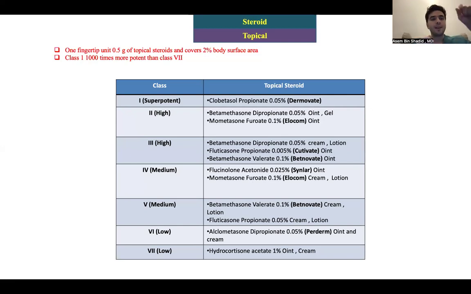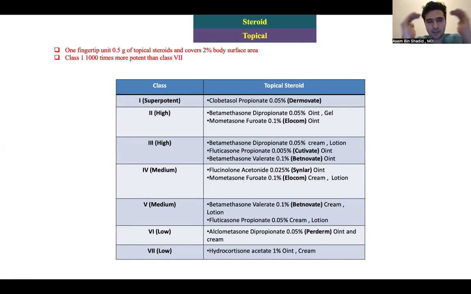Good? Clipping, nail clipping. Okay? So remember, palms and soles, you will give the strongest cortisone we have, which is clobetasol from clipping. Remember, nail clipping. You see, we have different types in between, okay? Anything that we add dipropionate to becomes high potency, okay? So dipropionate, propionate, this will become high potency corticosteroid.